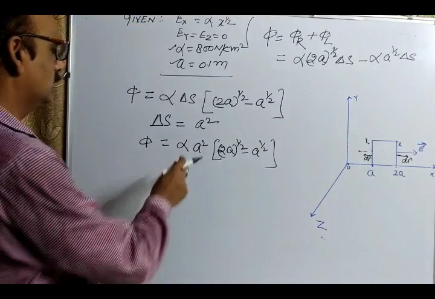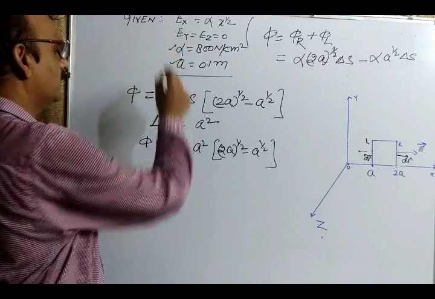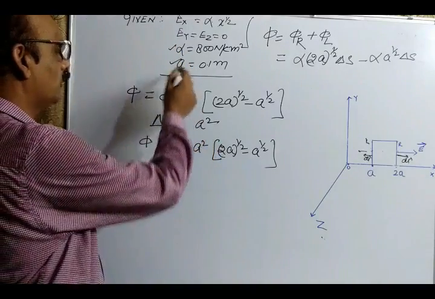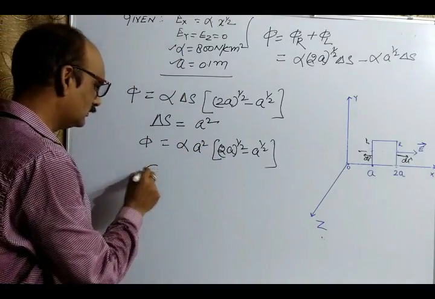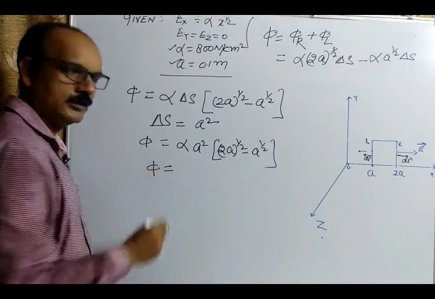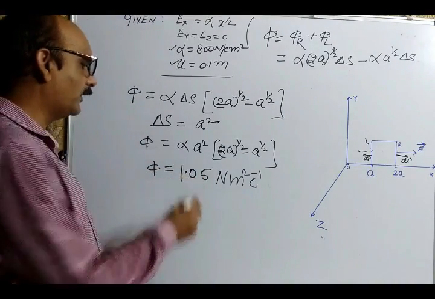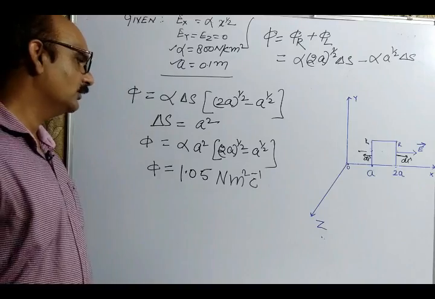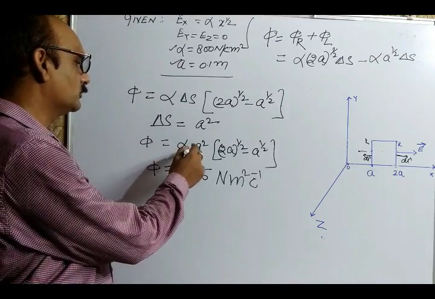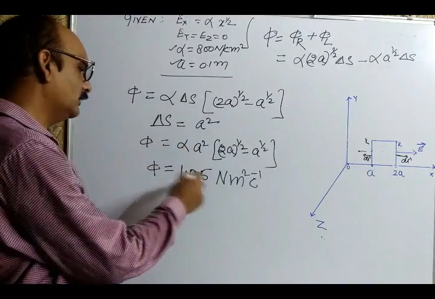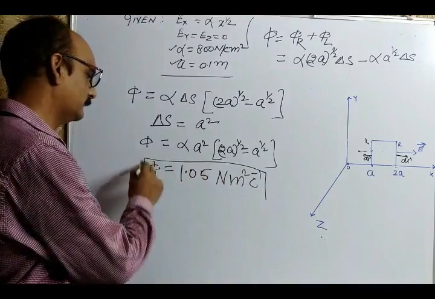Substitute the value of alpha from here and a from here. You will get phi equal to 1.05 Newton meter square per coulomb. When you substitute the value of alpha and a, you will get this result.